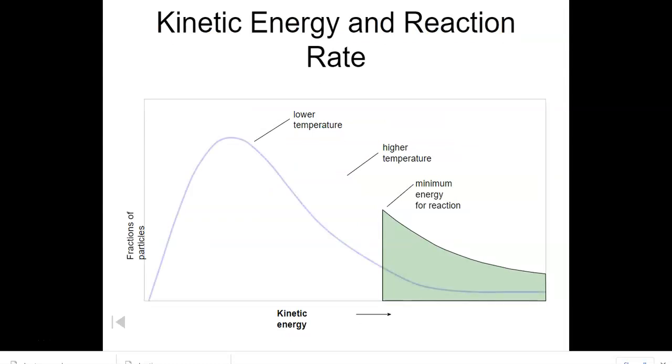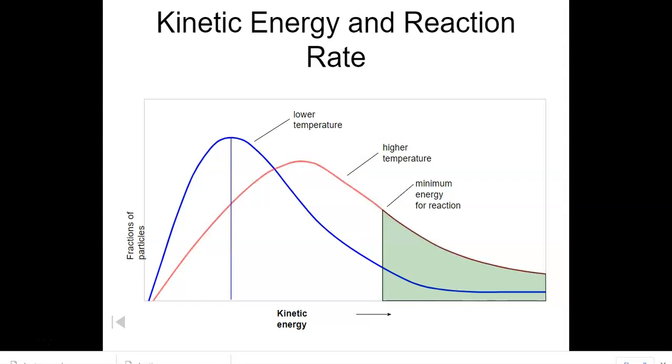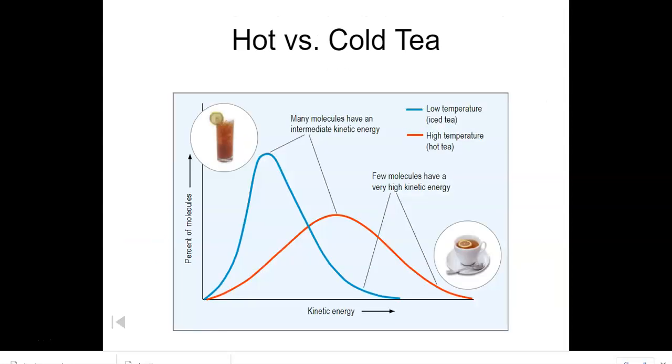Now, the kinetic energy and reaction rate: some factors. If you have a lower temperature or higher temperature, you can see the difference. A lower temperature requires a little bit more kinetic energy, so it goes a little bit slower. A higher temperature makes it faster.